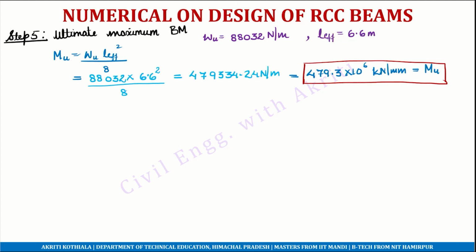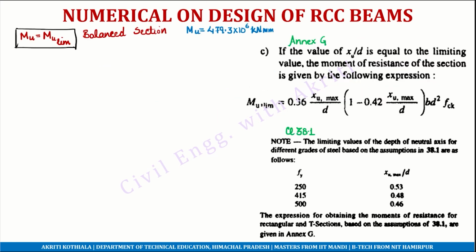So this value of Mu will be equal to Mu limiting, because we always design a balanced section, as we have seen in the previous questions. I'm sorry for the units, it will be Newton meter and kilonewton millimeter. Pardon me for this. So now designing a balanced section, we refer to IS code, where Mu limiting is equal to 0.36 xu max by d into 1 minus 0.42 xu max by d, into b d square fck.